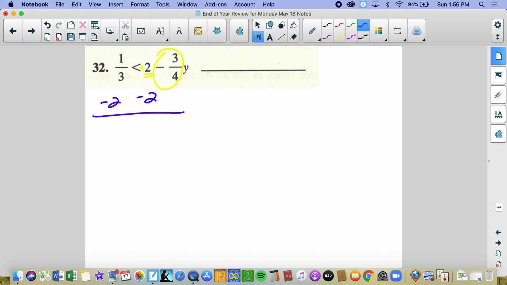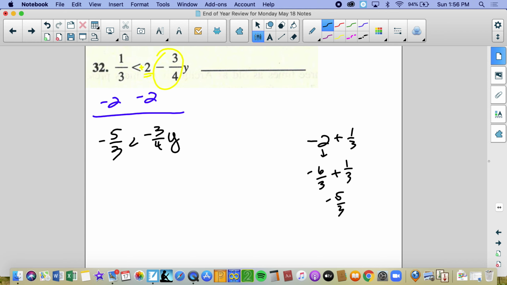And then we have negative 2 and positive 1/3. Negative 2 plus 1/3. Well, we have to convert this into thirds, so that makes -6/3. And +1/3 gives me -5/3. So we're going to have -5/3 is less than -3/4 y.